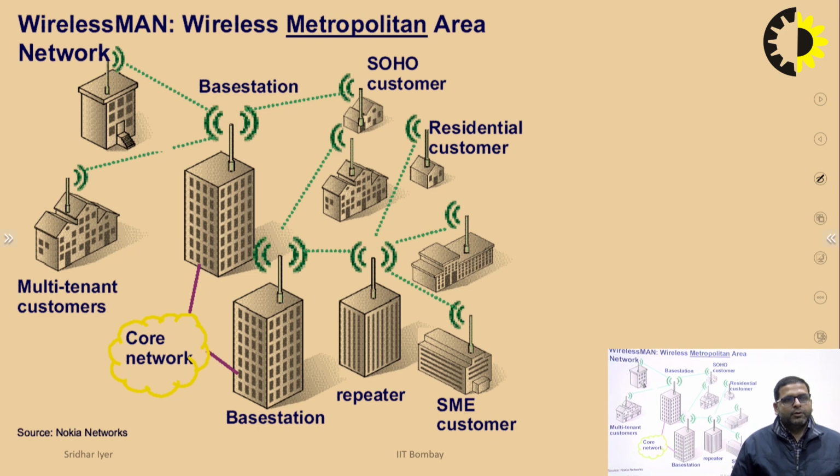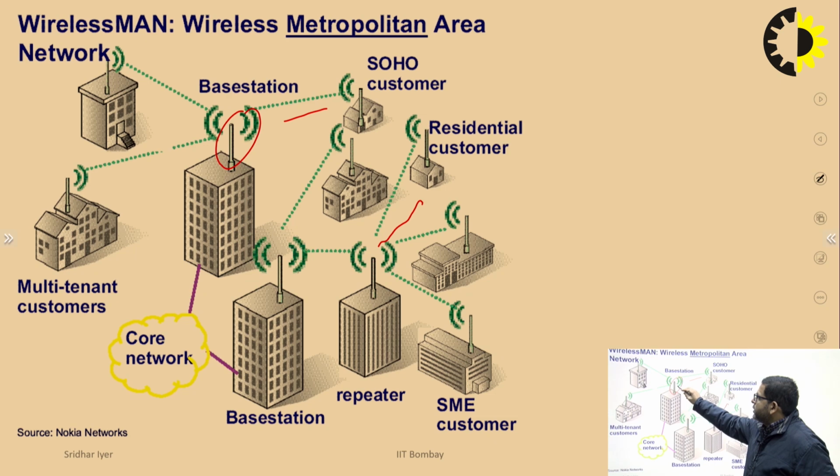Here, a metropolitan area network is shown in this figure, where every device is connected with each other via wireless. We have plotted a base station, and these base stations communicate with each other and the core network.